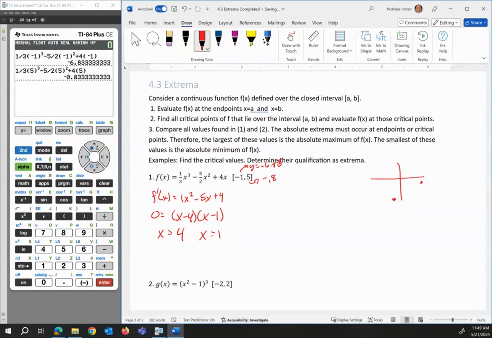These are both inside of this interval, that's good for us. And so we then want to evaluate the actual function at these two spots. So we evaluate the actual function at these two spots.